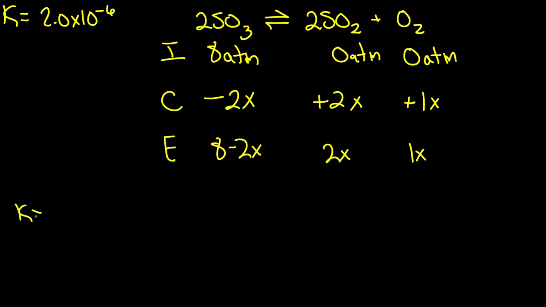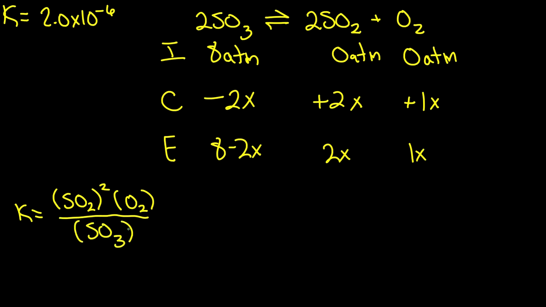So K equals products over reactants. We use parentheses this time since it's pressure. So the pressure of SO2, and it's squared, times the pressure of O2 to the first, over the reactant SO3, and it's also to the second. Now we can plug into our formula.